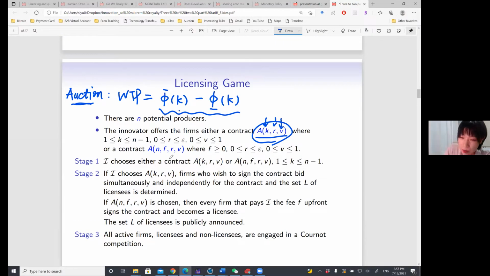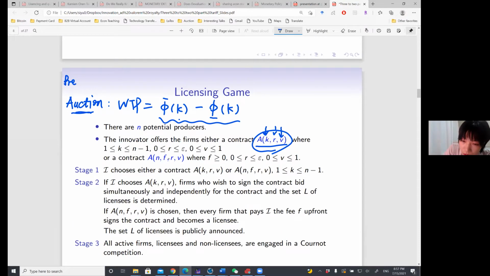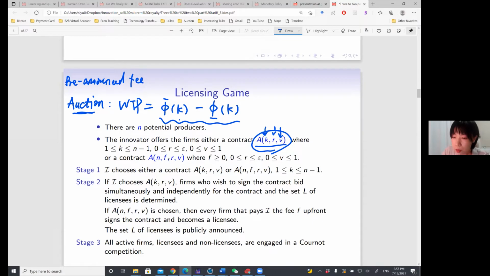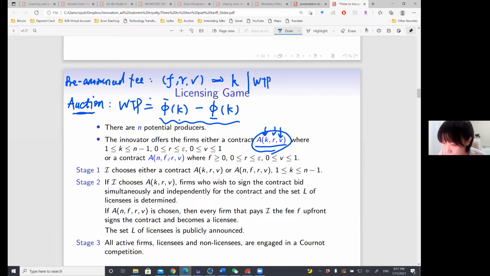Now let's see what happens if the fee is pre-announced. In a pre-announced fee, the innovator will specify the fee together with the royalty rate, such that in equilibrium there will be K firms that say yes to this contract. And now let's see what the willingness to pay for a license is.